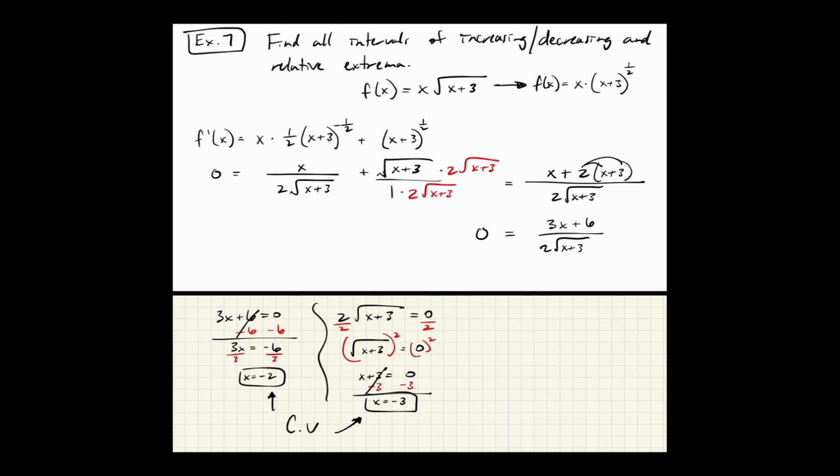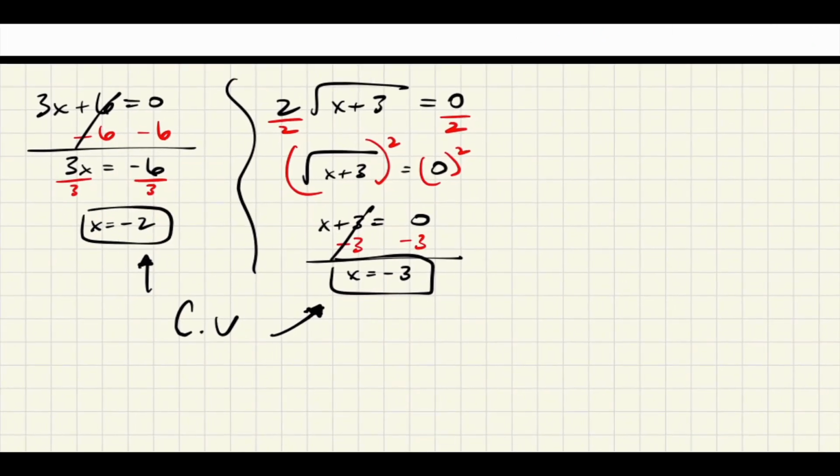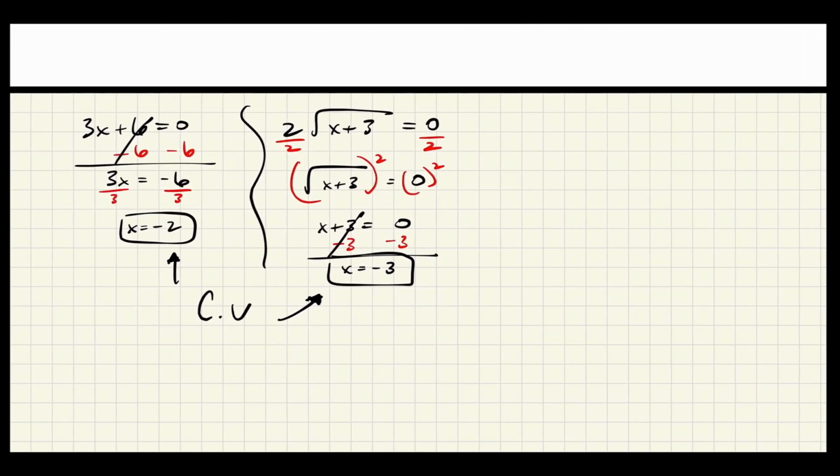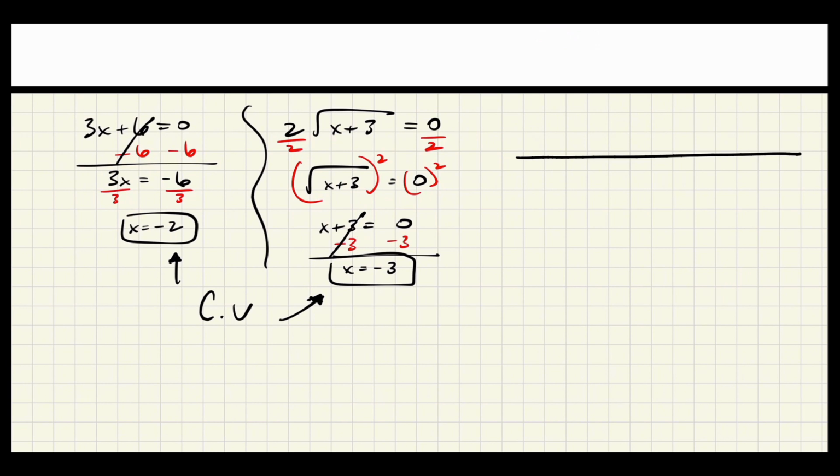Okay. So now I'm going to use those to figure out where it is increasing, where it is decreasing, where is it a relative maximum, where is it a relative minimum. Okay, so number line, this is where I do the first derivative test. So I got negative 2 and negative 3.